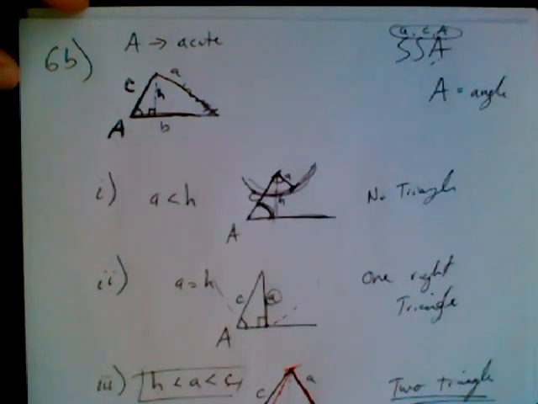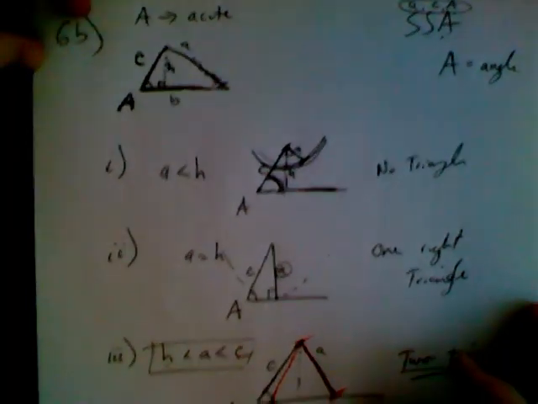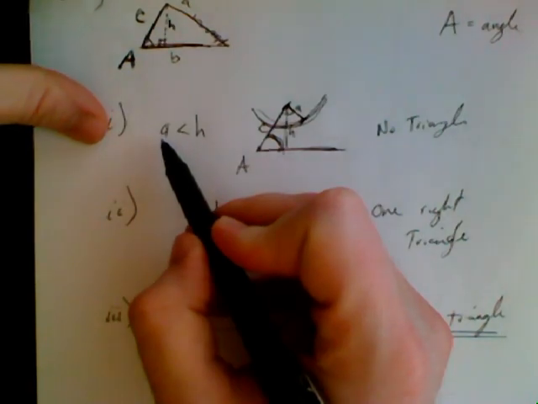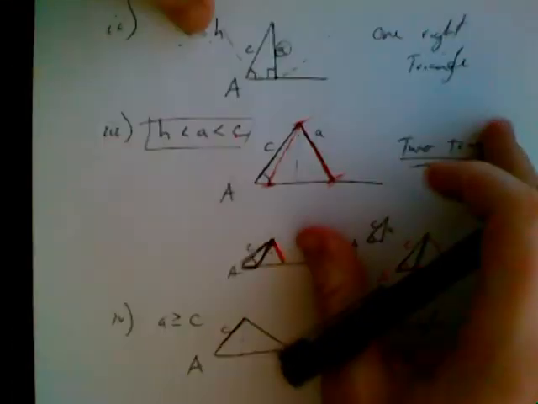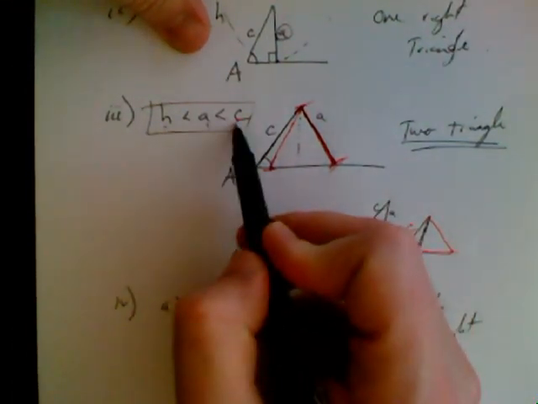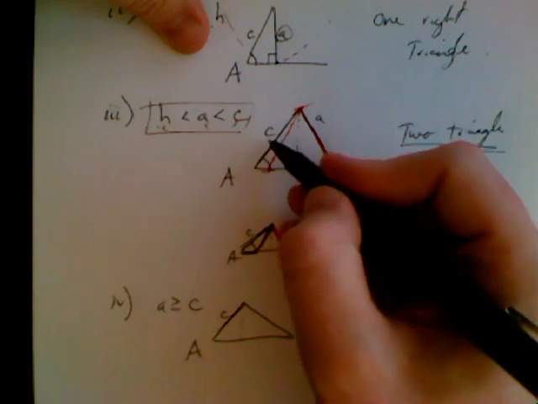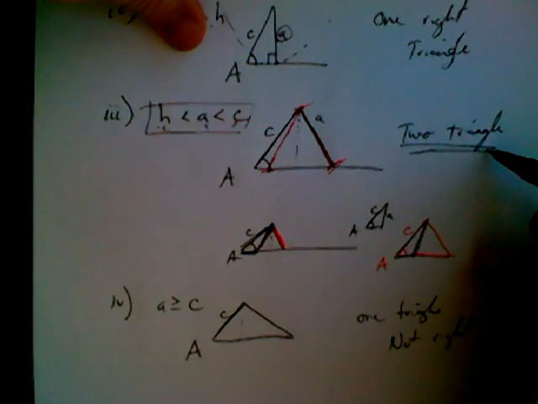So I have all of these possible situations. If I'm given an acute angle A and two sides that match up with side-side-angle: if my opposite side is less than the height, no triangle. If the opposite side is equal to the height, I have a right triangle. If the opposite side is between the height and the other side, I have two triangles, and I have to solve them both.